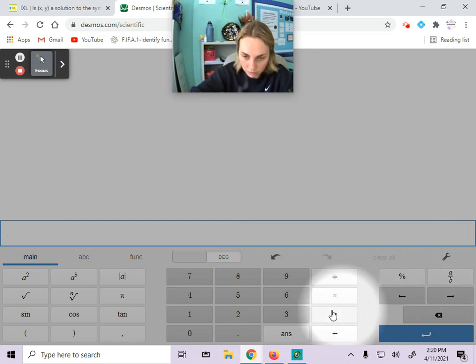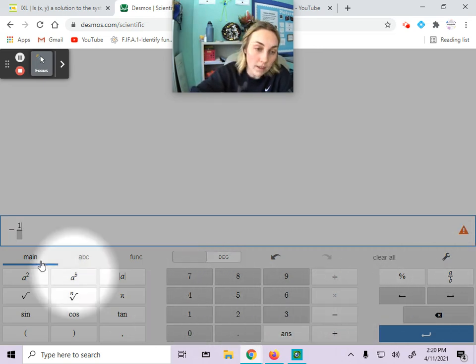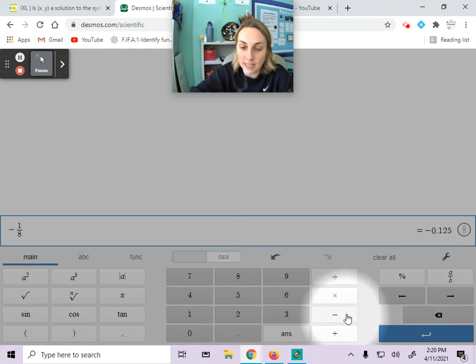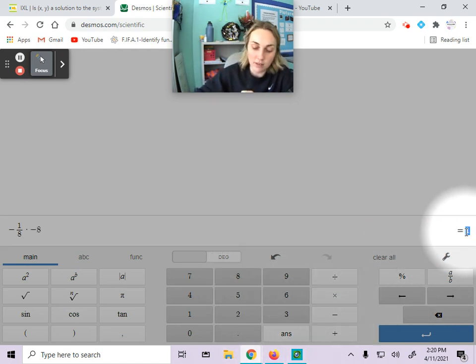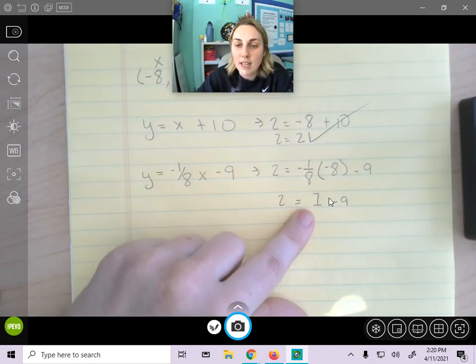So first thing is we're going to put a negative fraction, 1/8. Going to click this over here to move away from the fraction, so you can go ahead and say multiplied by -8. That's going to give me a +1.